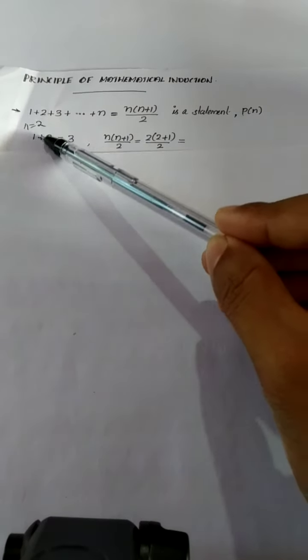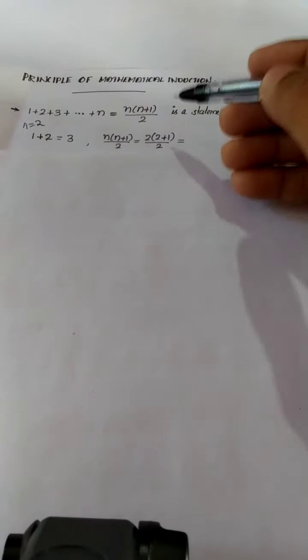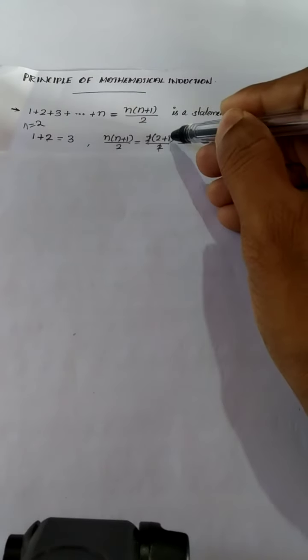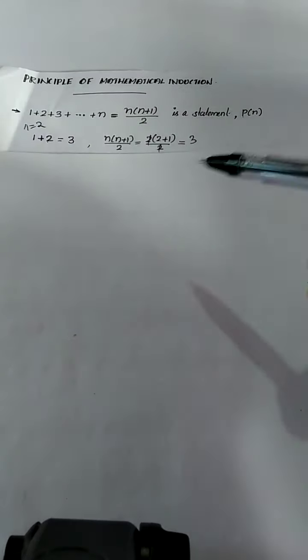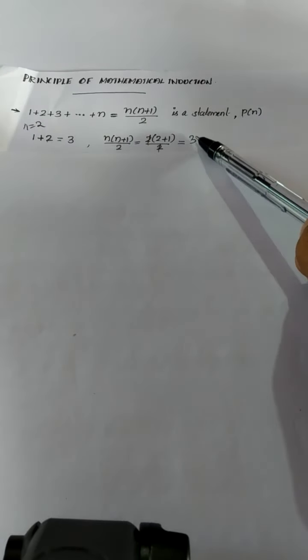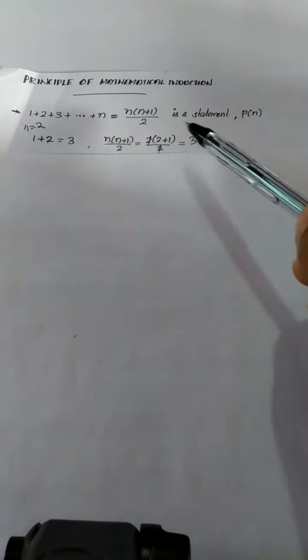If we let n equal to 2, we will get 2 into 2 plus 1 divided by 2. So actually, we can cancel these 2's. Then we will get 2 plus 1 is equal to 3. So left side is equal to 3 and also right side is equal to 3. So for n is equal to 2, this is correct.